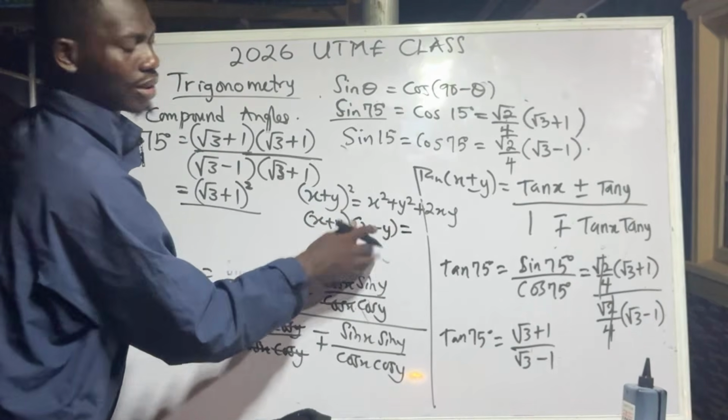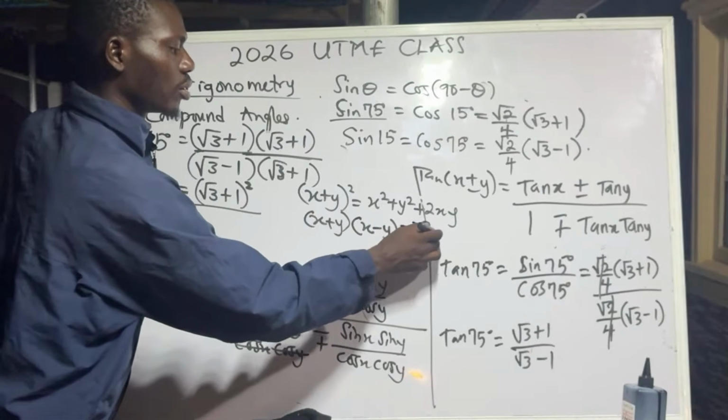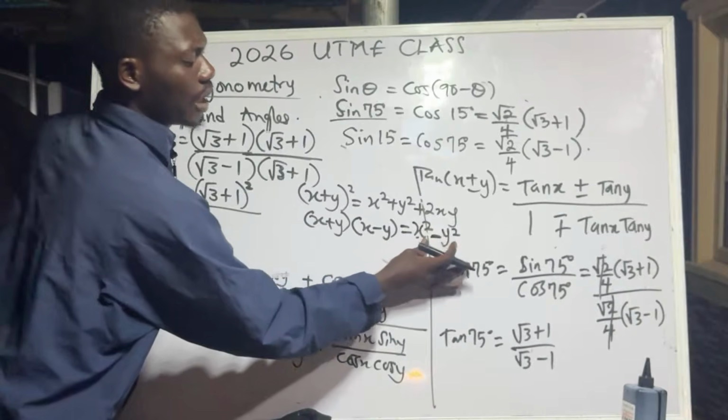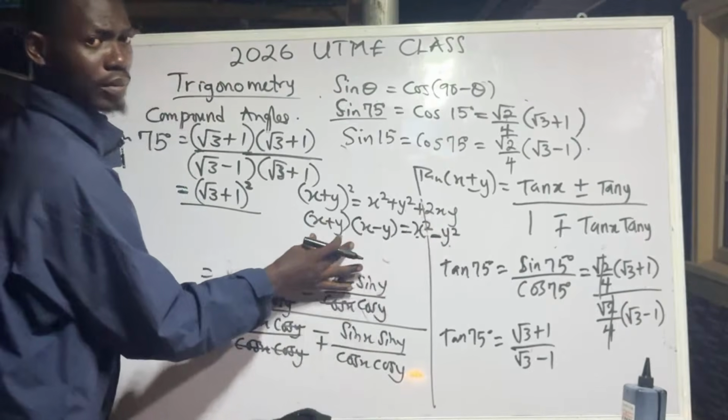When you expand, what you get is the square of the first one minus the square of the second one, the difference of two perfect squares. You can also write it back in this form.